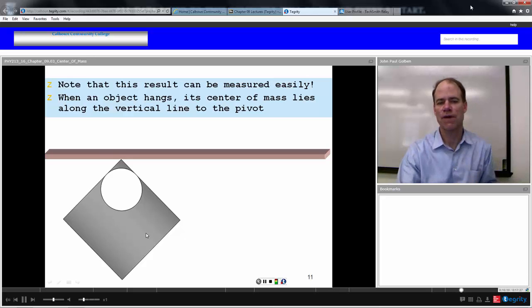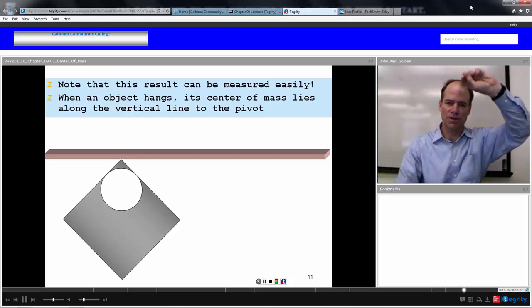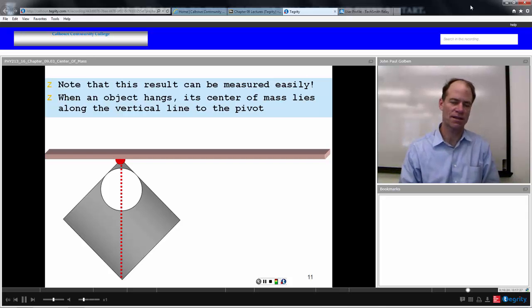So if you found it to rest in this position, the center of mass would have to be on the vertical line from the pivot down. So if I drew a line straight down, somewhere along this red line, the center of mass will be located somewhere on that line.